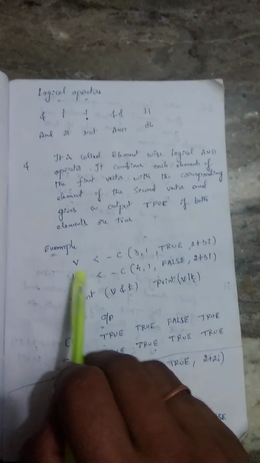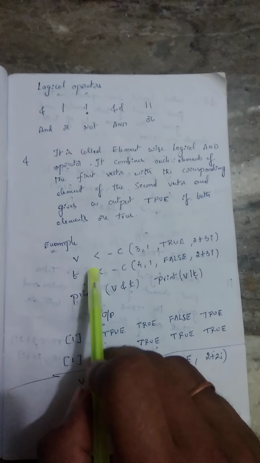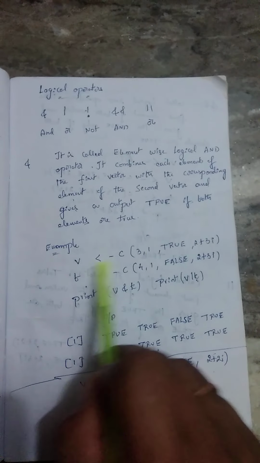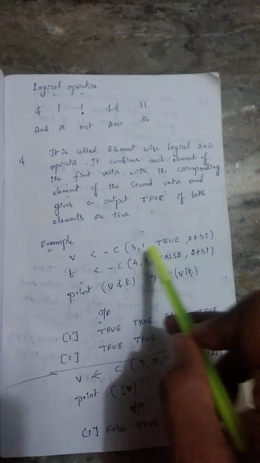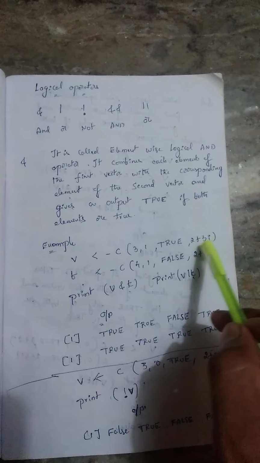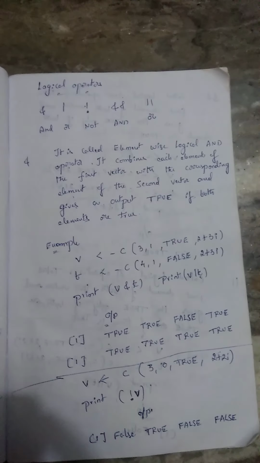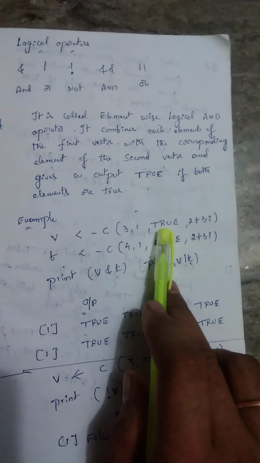Okay, I will come to the example using the AND logical operator. V is the vector with the prompt symbol and the c function: 3, 1, true, complex 2 plus 3i.